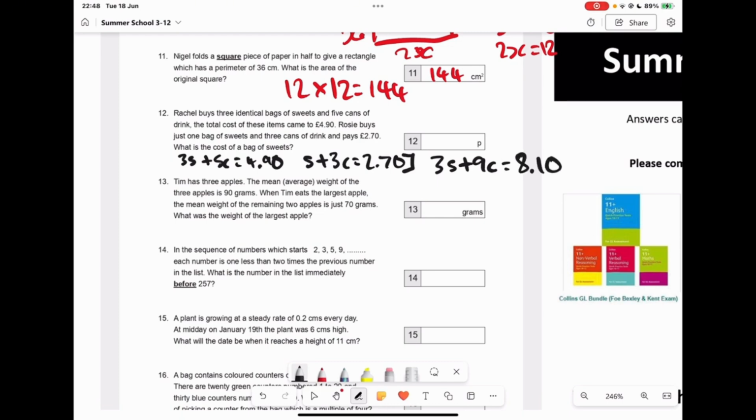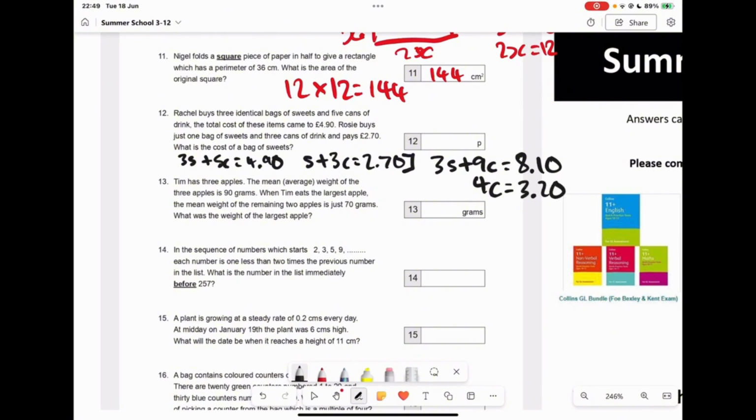And then we know that 3 sweets plus 9 cans is £8.10, and 3 sweets plus 5 cans is £4.90. So all we have to do here is find what 4 cans is, which is the difference, which will be £8.10 minus the 4.9, which is £3.20.